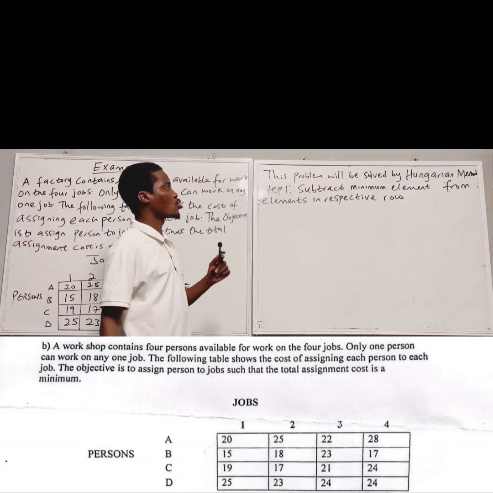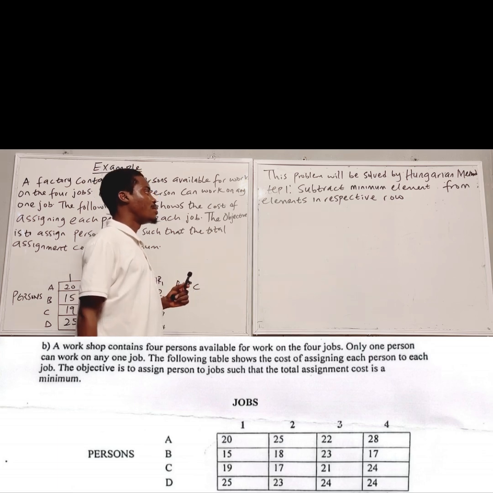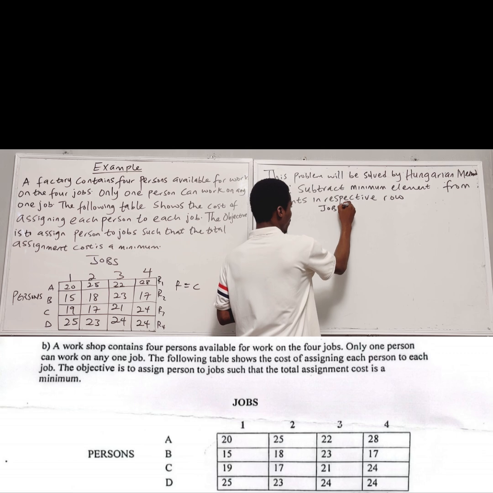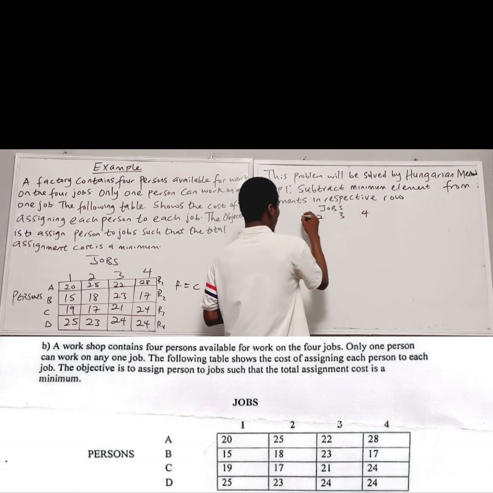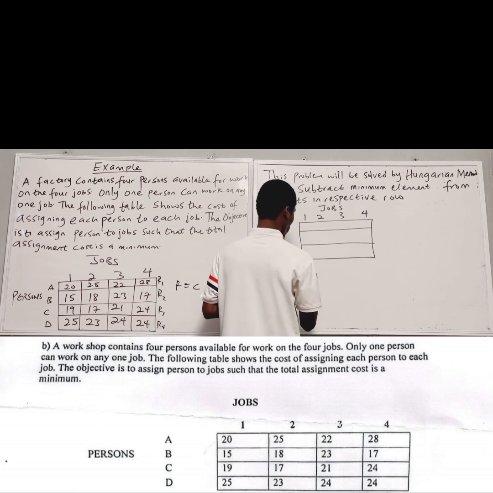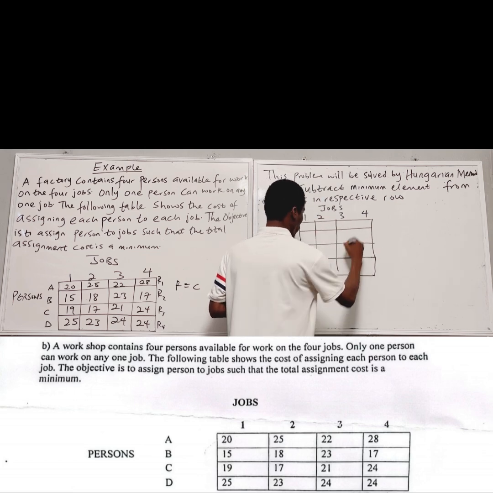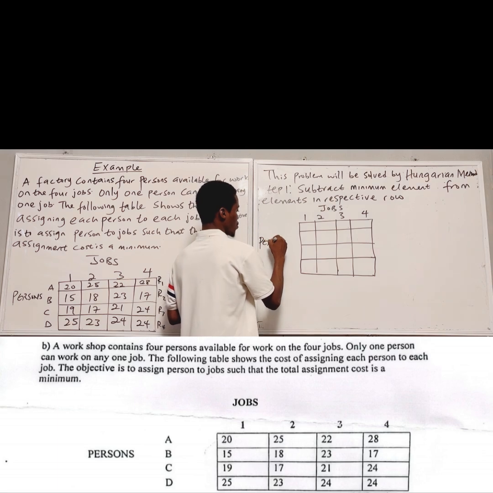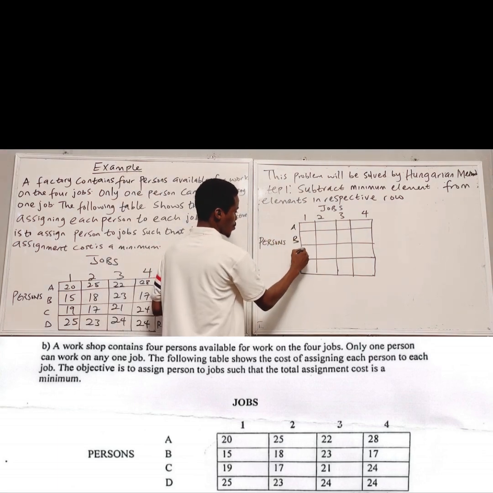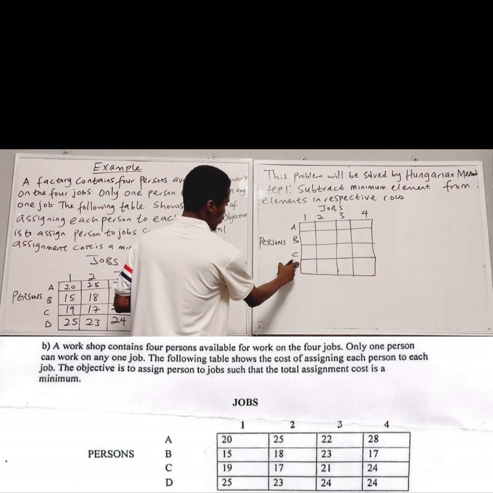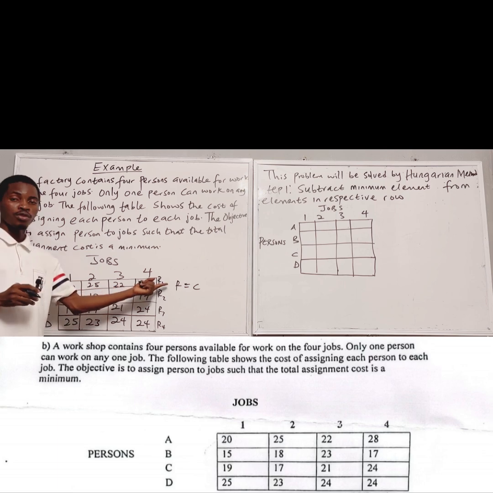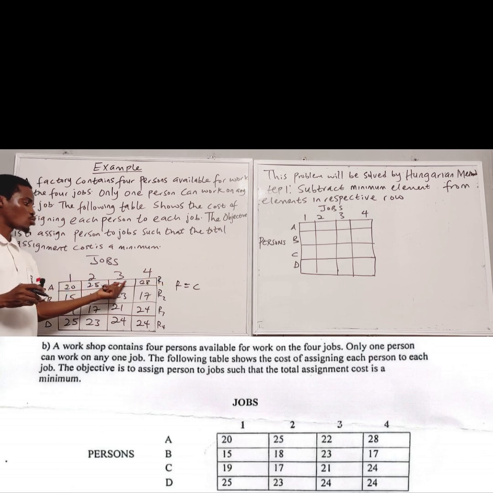So my first step is to subtract the minimum element from the elements in the respective row. So let me draw my table. Here, let me consider my first row: 20, 25, 22, and 28.